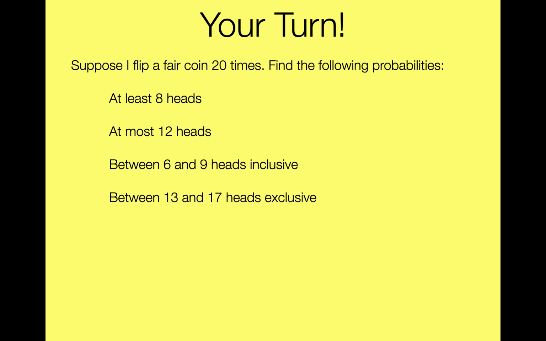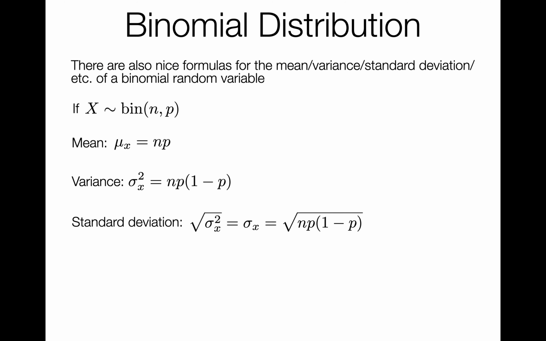All right. And so before we finish up here, I want to show you one last thing. Section 3.3 was about calculating the mean and standard deviation of a binomial random variable.